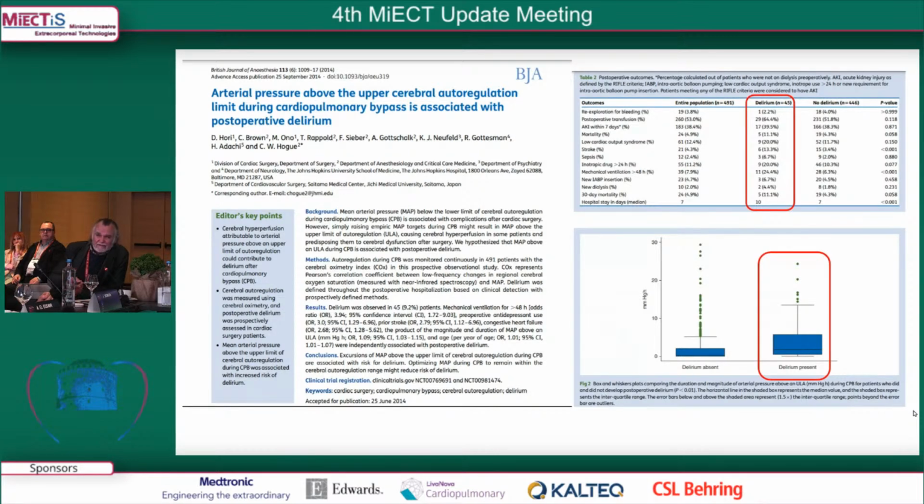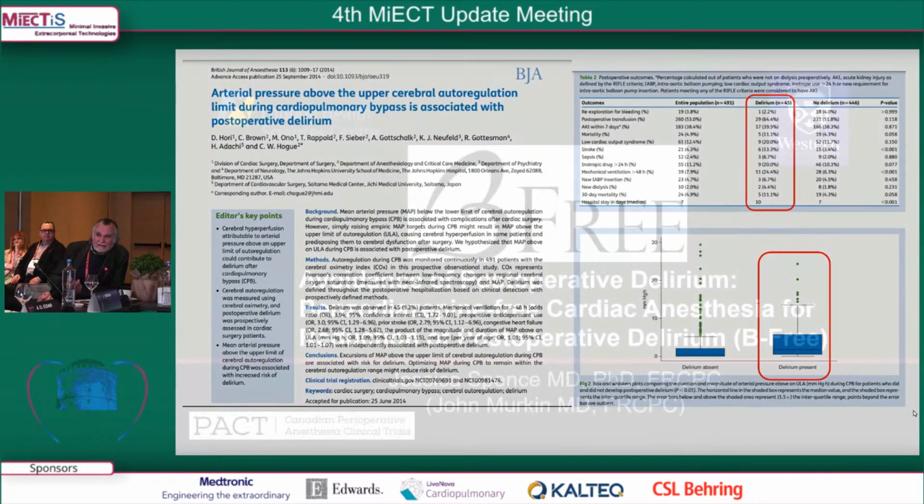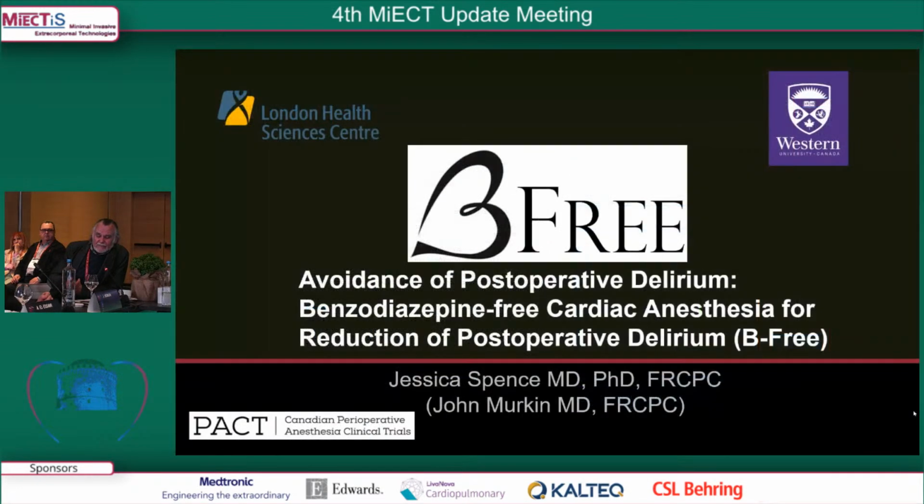So a fair amount of evidence then indicating that brain microcirculatory integrity is crucial for preservation of function.